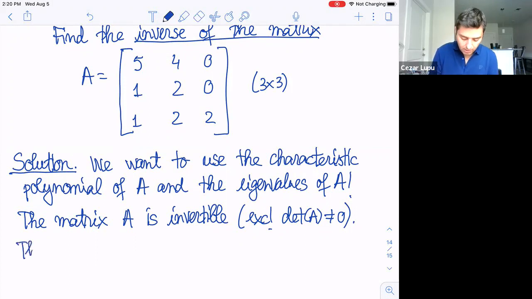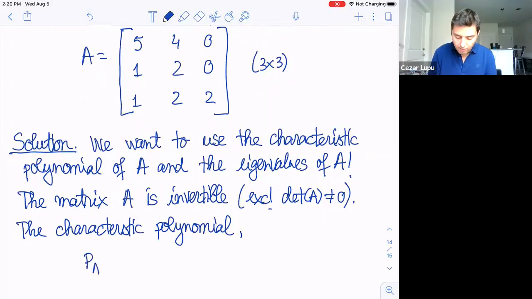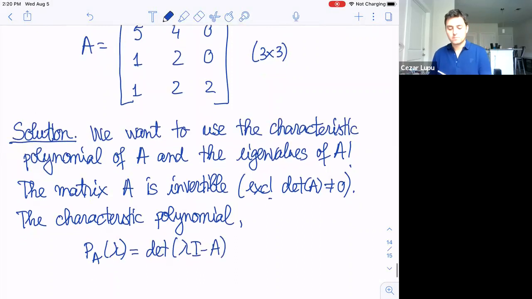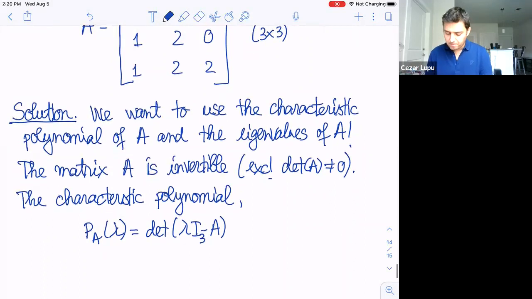P_A of lambda is nothing else than the determinant of lambda times the identity minus A. I will put I3 so that you know it's a 3 by 3.